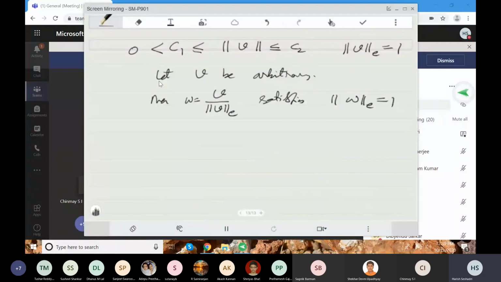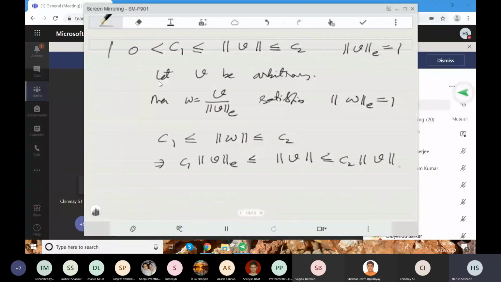Therefore, I can apply the bound I got for w, and I get norm w less than or equal to C2. Then you just multiply both sides by the Euclidean norm of v, and immediately you get what we wanted.